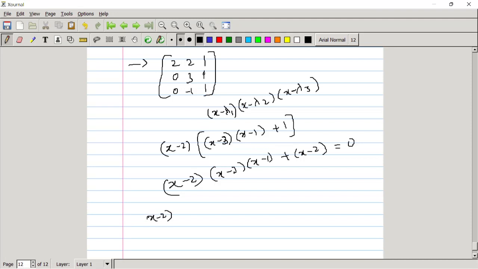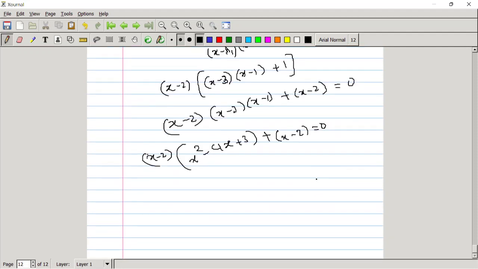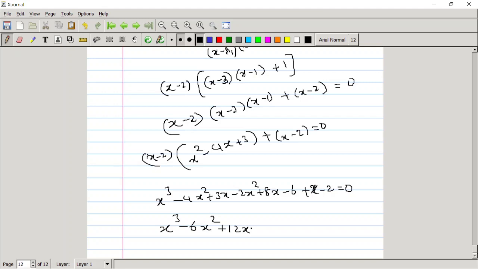This is x minus 2 times x square minus 4x plus 3 plus x minus 2 equal to 0. From this we get x cube minus 4x square plus 3x minus 2x square plus 8x minus 6 plus x minus 2 equal to 0. If you solve this equation, you will get some roots.